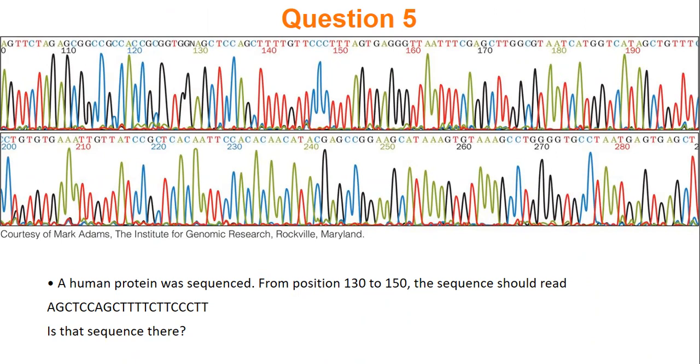What each peak means is basically how confident we are that your sequence is this nucleotide. So you can see when looking through this image, you only see one color per peak each time, which means that at every position, we're confident that the nucleotide we're seeing is there.